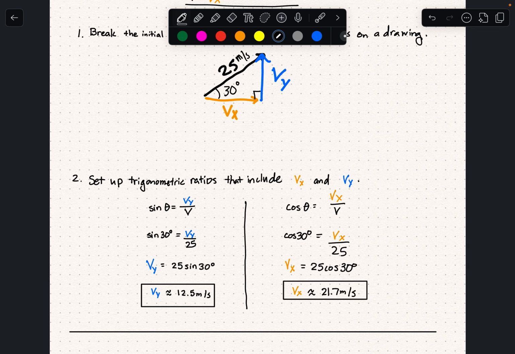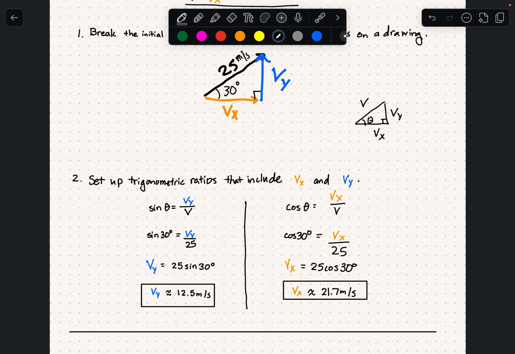Now, side note, as long as you draw a triangle that looks like mine in that it has an angle theta in the lower left corner, the solutions for the components, the ratio setups will always look like this.